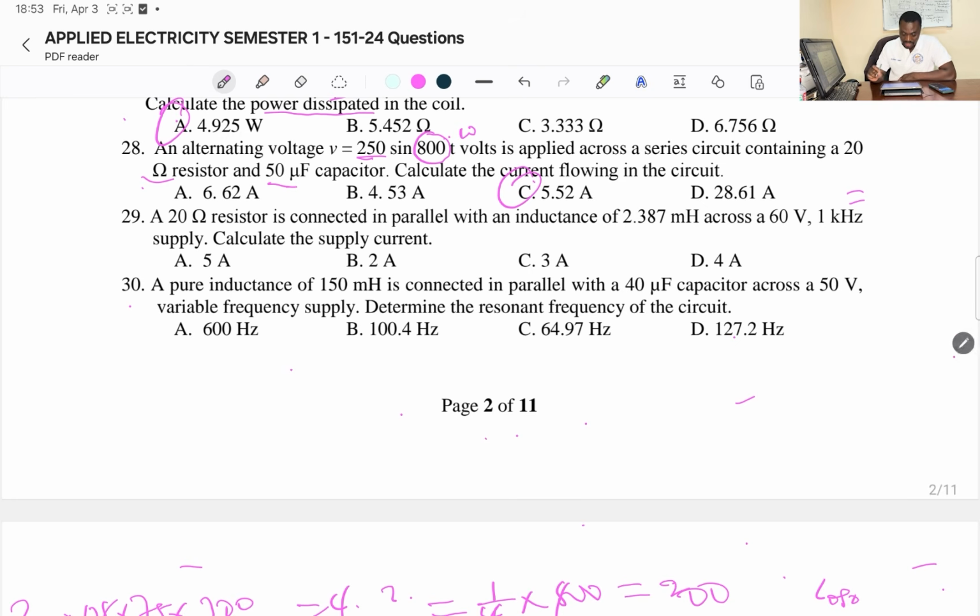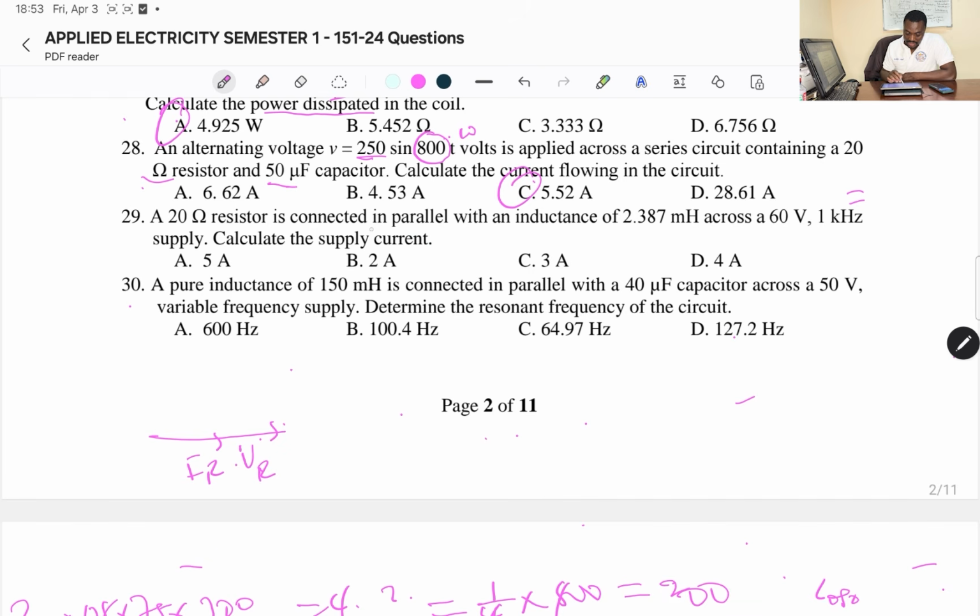To get this current triangle, we have a resistor, so I'll sketch the phasor diagram. We have VR, and its current is in phase, so we have IR.